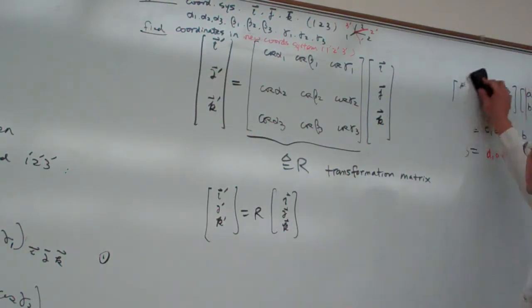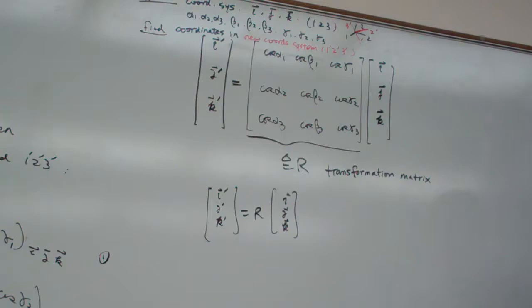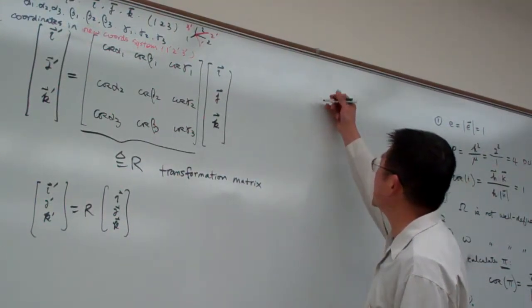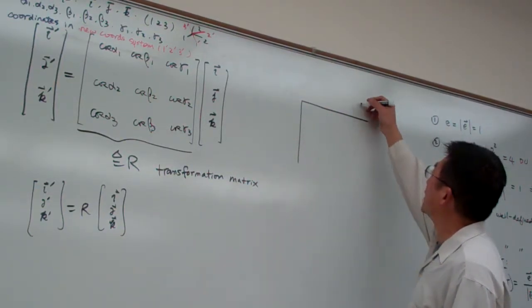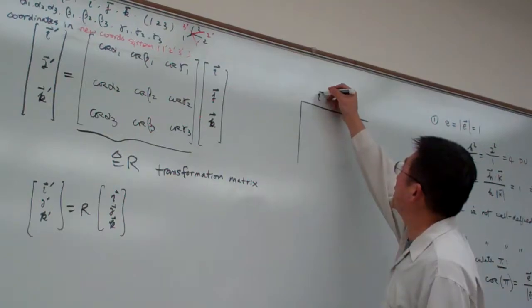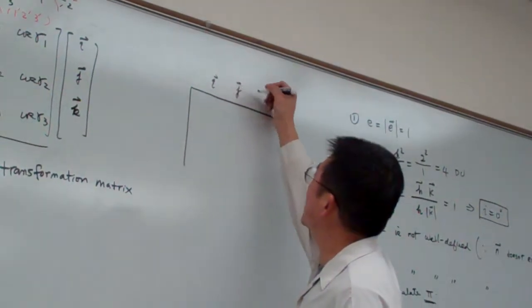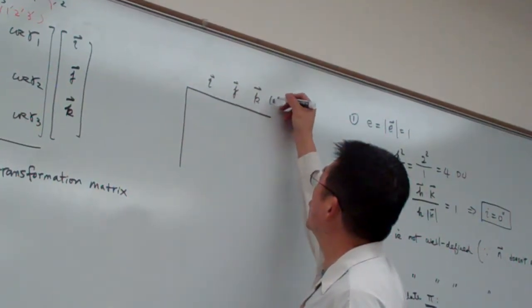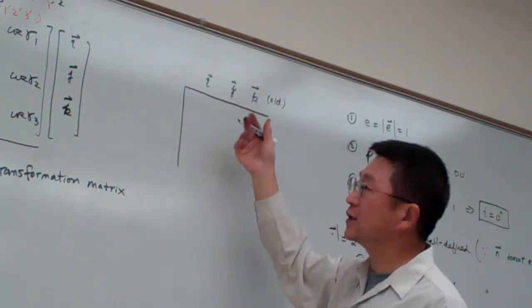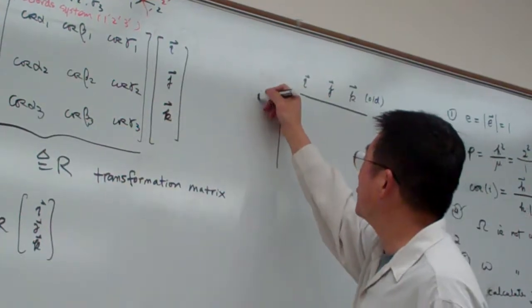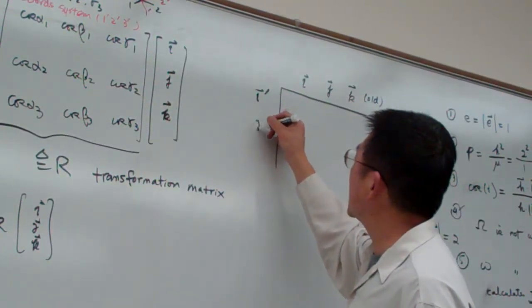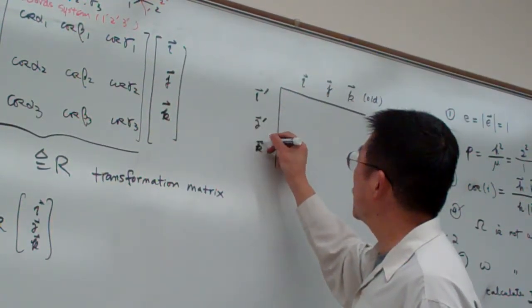A better way, which has worked for me for many years, is this. I simply put it into this kind of table. Here I put I, J, K, the old, the given. And here I put the new, that means the transformed coordinate systems.